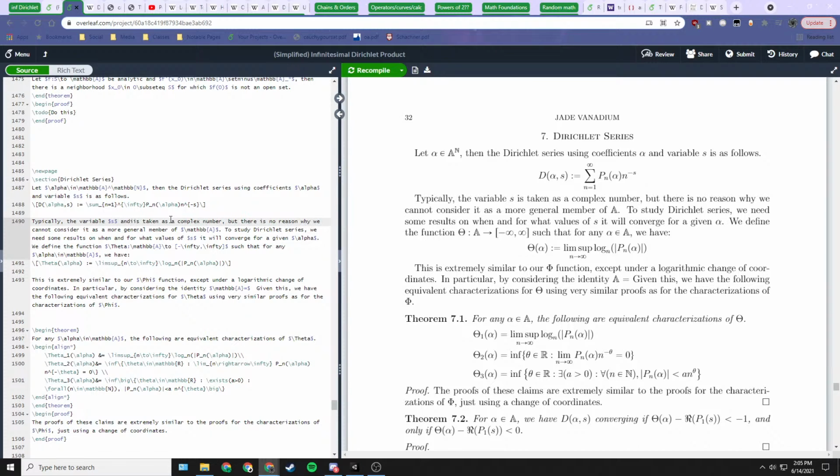The variable s and coefficients alpha sub n are taken as complex numbers, but there's no reason why we cannot consider it as a more general member of A.